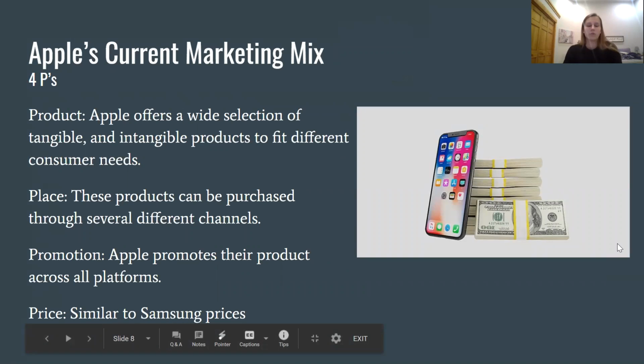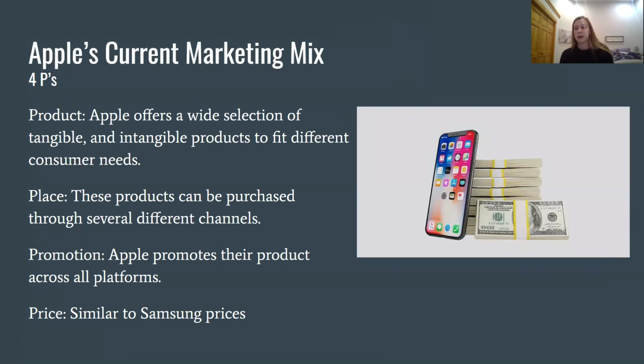So for their 4Ps, product is pretty self-explanatory. They have a long list of both tangible and intangible products, from AppleCare to the touchless pay methods to Apple TV. They have a few intangible products and a multitude of tangible products that most people know.